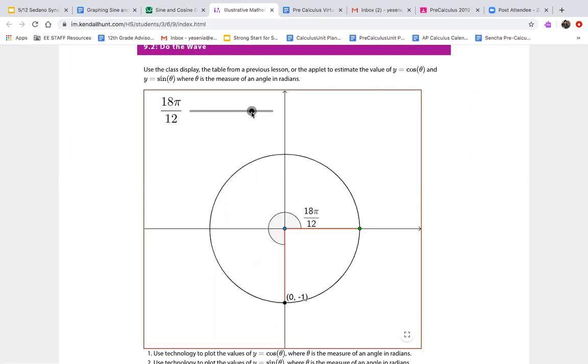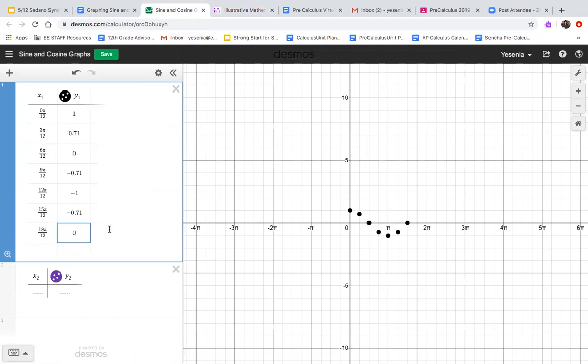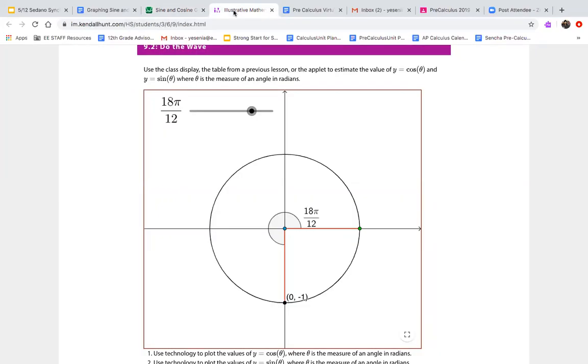Right here. So when the radian measure is 18 pi over 12, my cosine, my x value, is now 0. So 18 pi over 12, cosine 0. And then let's keep going. We're almost there. I'm going to choose somewhere in the middle right here. So when my radian measure is 21 pi over 12, my cosine is 0.71.